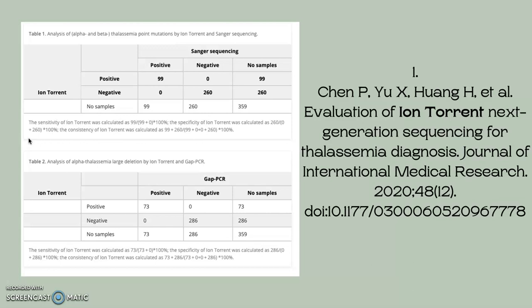Overall, this data is showing that the Ion Torrent sequencer is successful in detecting large deletions and non-deletional defects in thalassemia with high specificity. It was consistent with Sanger sequencing, and overall they found that with the Ion Torrent's accuracy, this would be a decent option to aid in diagnosis thanks to its efficiency.